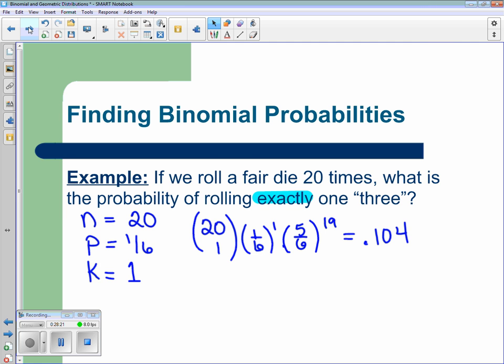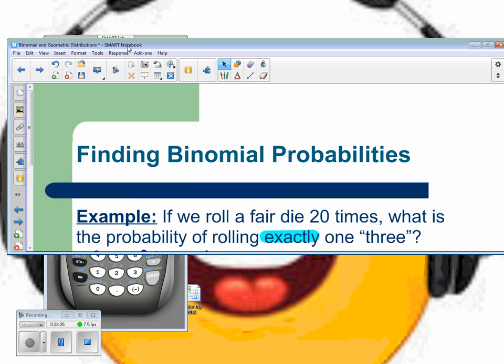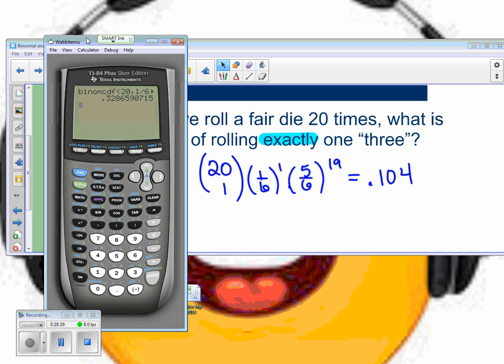I'll show you. Rather than use the formula, which I showed you, right? I could have just as easily done binom PDF, and we would have done 20, 1/6, and 1.